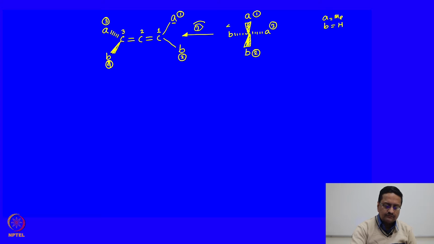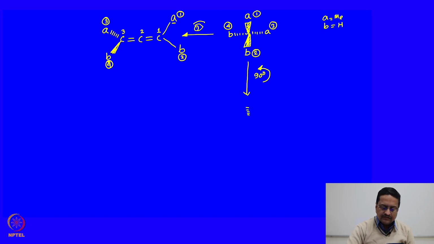3 and 4. Now, what we see here is this wedge presentation is 90-degree rotated from the correct wedge projection for conversion to Fischer projection. So, what we do is we rotate the entire molecule by 90 degrees in the anti-clockwise direction to take A up and B down.